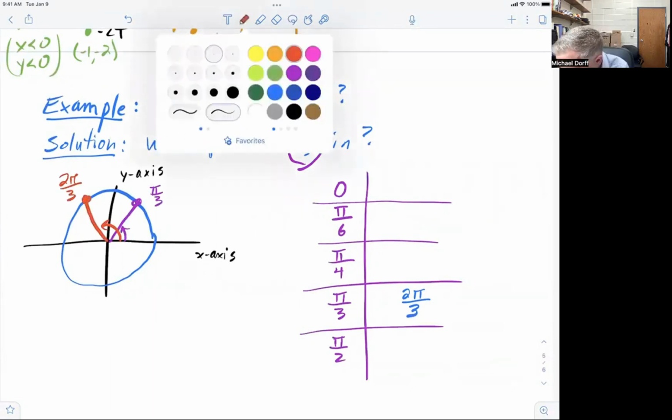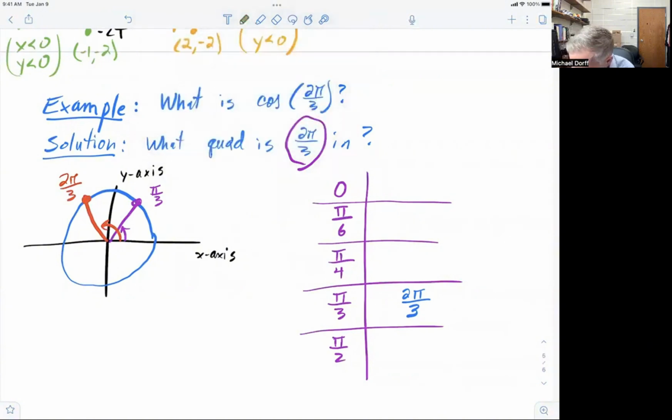What becomes important here is to notice that if I draw my triangles in here like that, what are the corresponding x values and y values? Well, the y value for pi over 3 is the same as the y value for 2 pi over 3 because the y is going up, they're both positive.